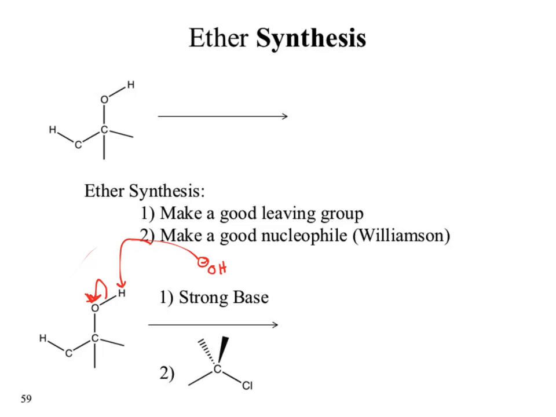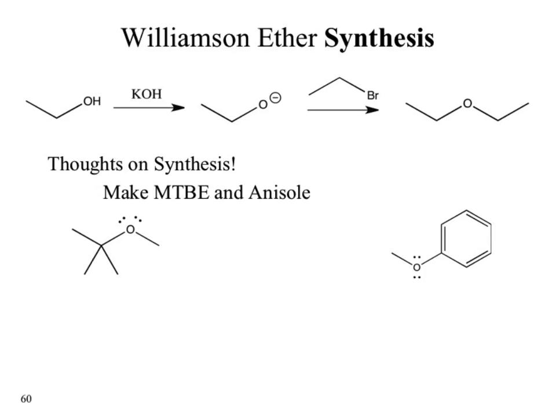Markovnikov, fine. You didn't know what electrons were. Zaitsev, fine. You didn't know what electrons were. Williamson, you're following everything about basic chemistry. There's nothing fancy there. But it is sometimes referred to as a Williamson ether synthesis, so you just kind of have to watch out for that terminology.